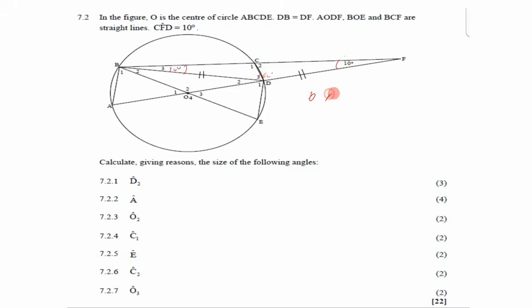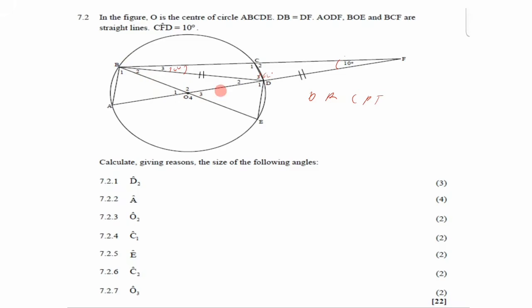Now let's look at the diameters. We want to see if we have any diameter. We've been given BOE, and we can see that it passes through the center. So any line that goes from circumference to circumference passing through the center is a diameter. Now what we want to check is whether the diameter subtends a 90-degree angle.